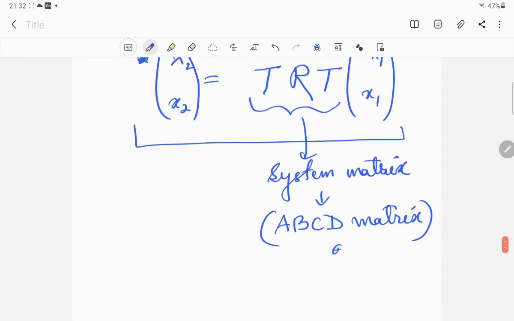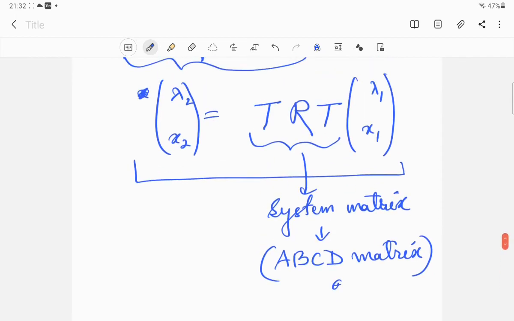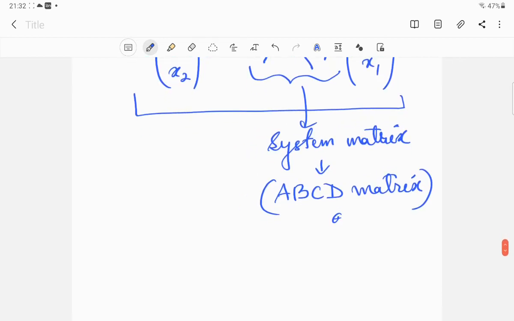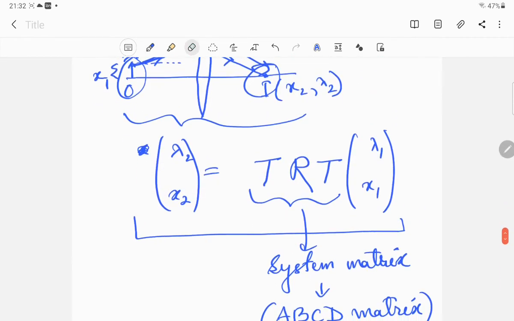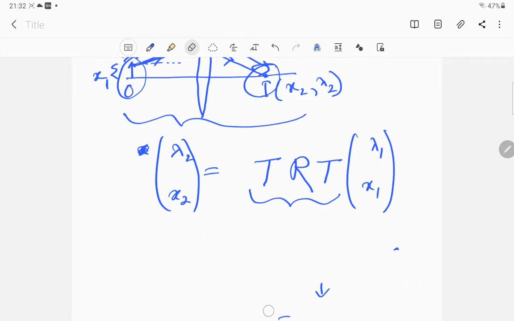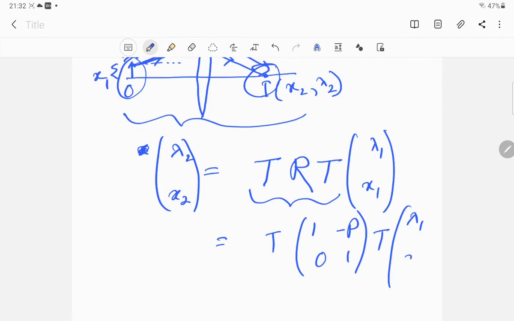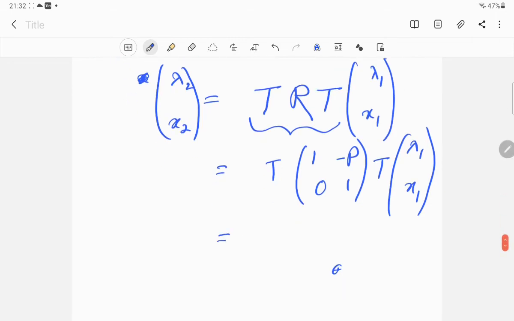You know what translation is. See what I have written: the refraction matrix we just derived is 1 minus p, 0 1, acting on lambda 1 x1. Again, the translation matrix we derived already is 1 0 d by n 1.